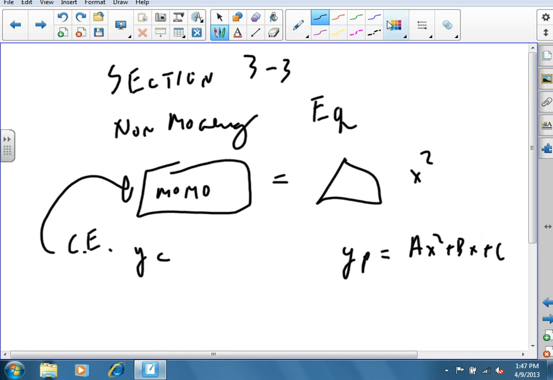If I had a sine 2x over there, then I'd say y sub p is a sine 2x plus b cosine 2x. And then I'd run that particular solution through the differential equation to solve for a, b, c, however many variables I have.